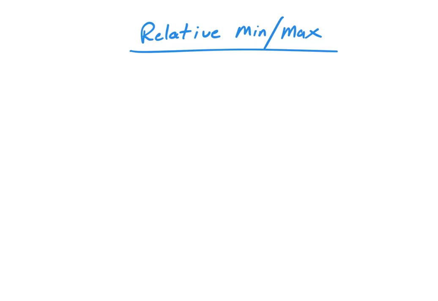And the reason we call it the relative min or max is because if I were to give you a function, let's say I look at my snake-like function right here, okay? Well, this one's going to go down forever and it's going to go up forever. So it doesn't really have a minimum and a maximum because it goes in both directions forever.